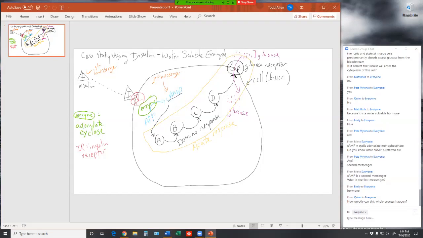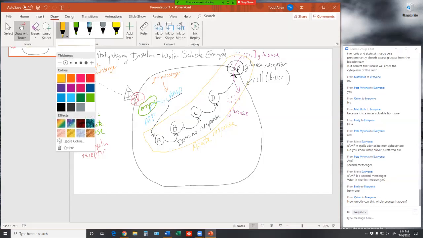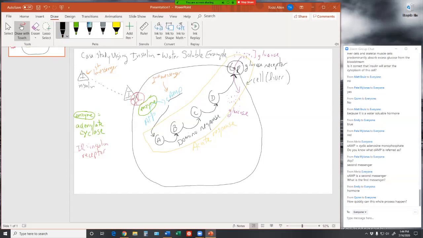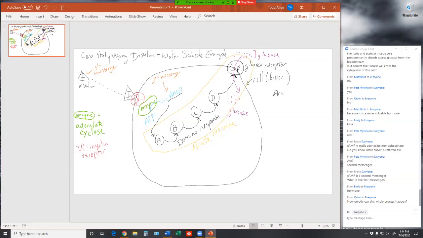So everything here is acute. The acute response of the cell is rapid because molecules exist to handle the emergency, which is high blood sugar.